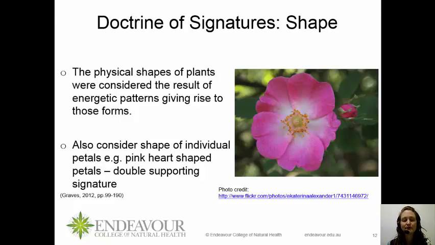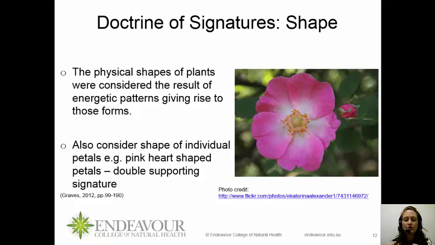Shape is really important as well. So here, this picture is really beautiful. We have a couple of different doctrine of signatures already forming. So pink is generally associated culturally with a gentle, kind of nurturing, loving, mothering kind of feeling, sensation.